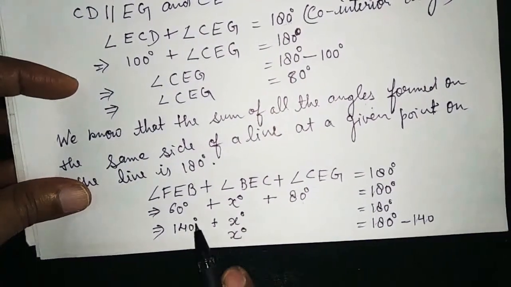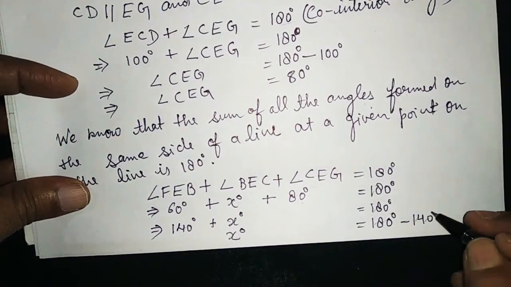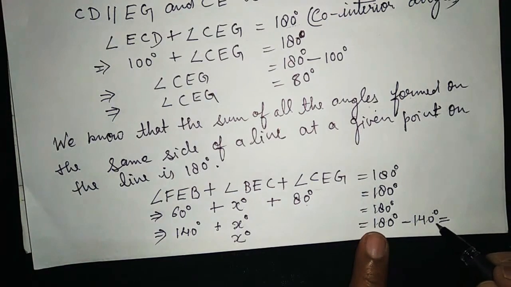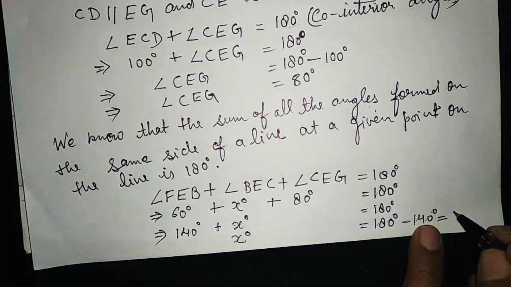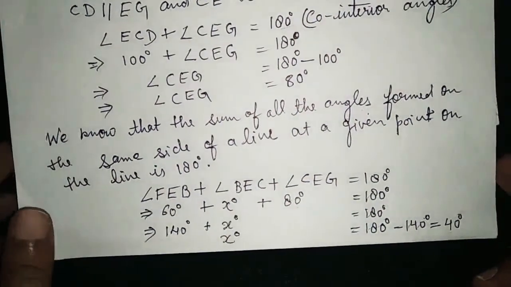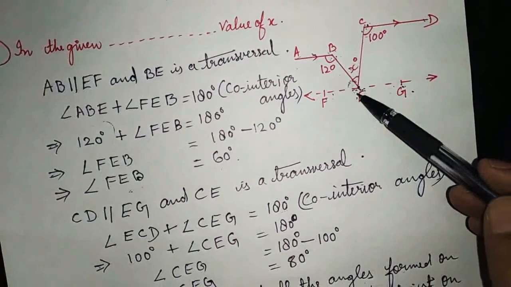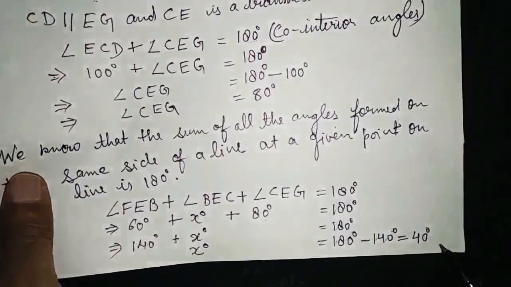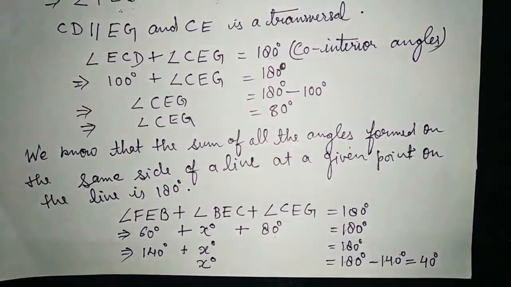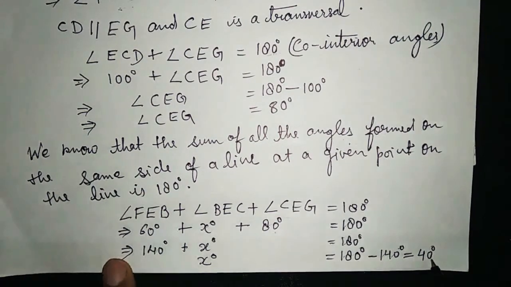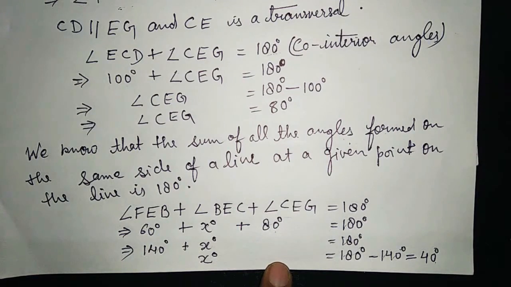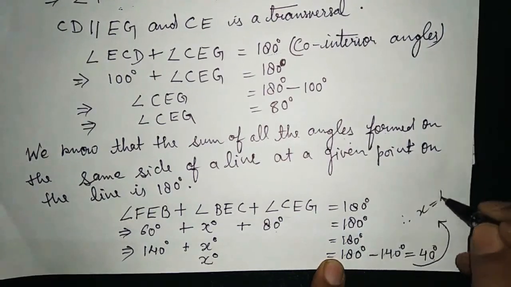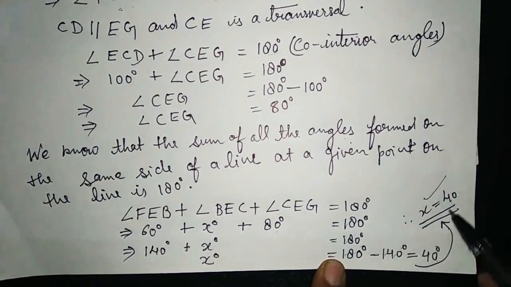We will transpose this 140 degrees from the left hand side to the right hand side and here minus 140 degrees will come, and after subtracting 180 degrees minus 140 degrees we will get 40 degrees. So the measure of this angle BEC, which is x degrees, is coming 40 degrees. Students, in the question it is given that we have to find the value of x, so therefore x equals 40. This is the value of x.